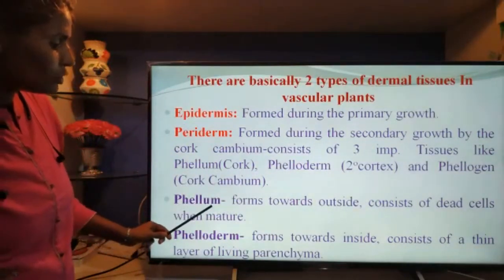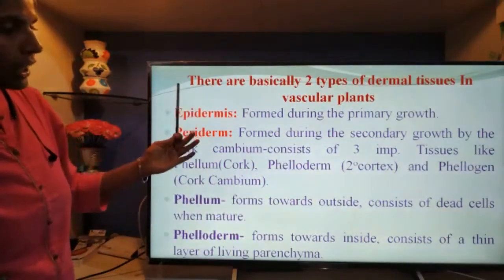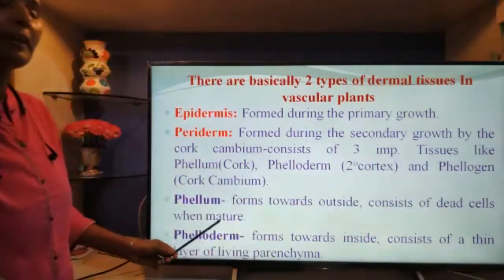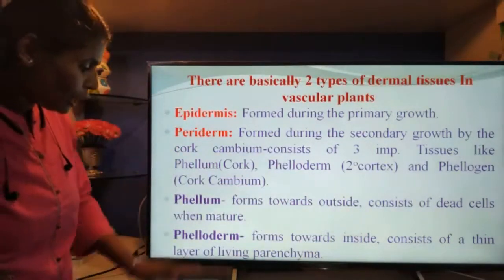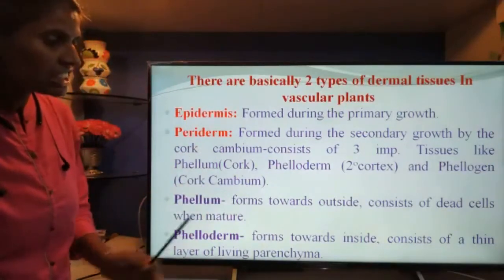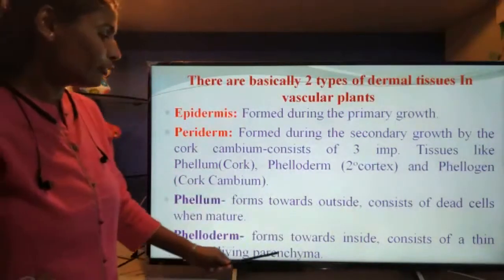The phellem, which forms towards the outside, consists of dead cells when mature, whereas the phelloderm, which is produced towards the inside, consists of a thin layer of living parenchyma.